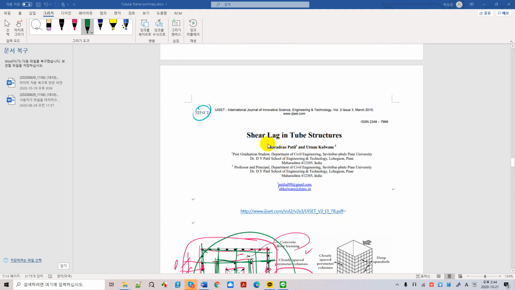The second material that I'll be referring to in making this video lecture for building tubular structures is based on a paper called Shear Lag in Tube Structures. This paper can also be found at this internet address, and their authors are right here.